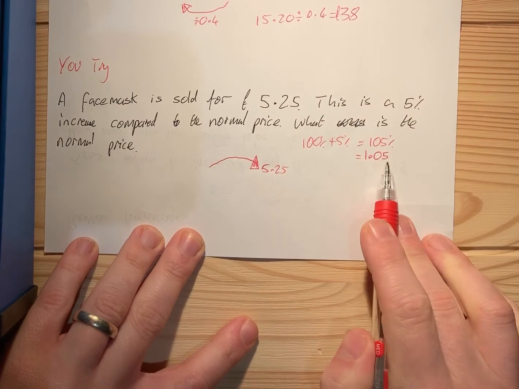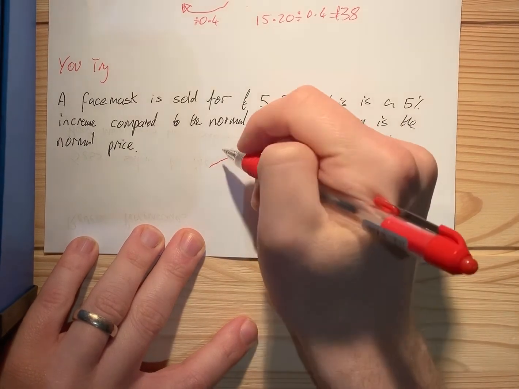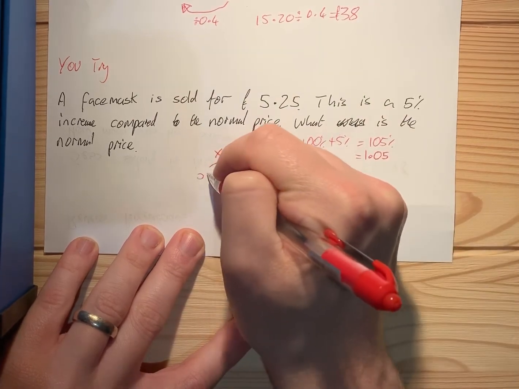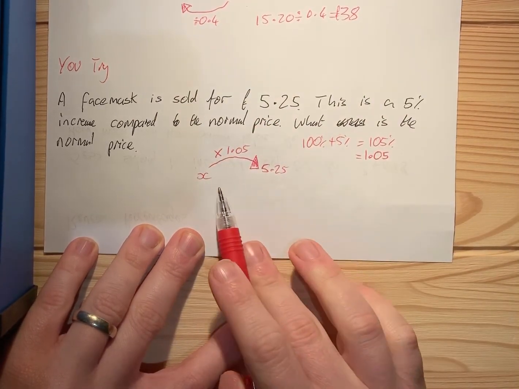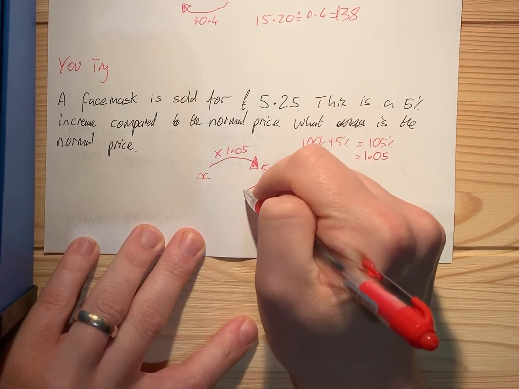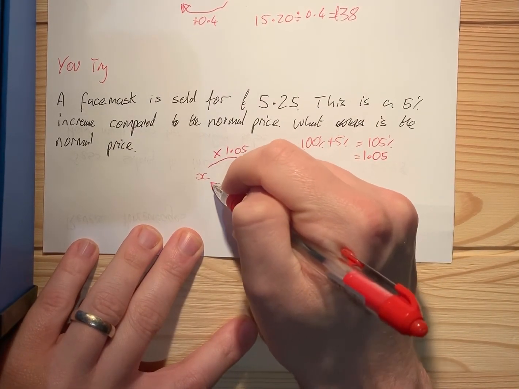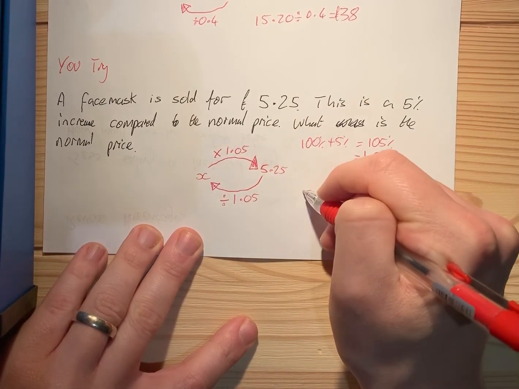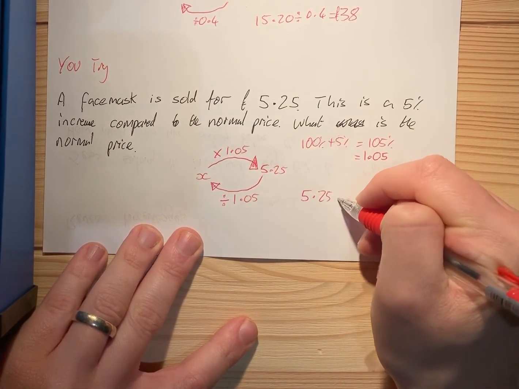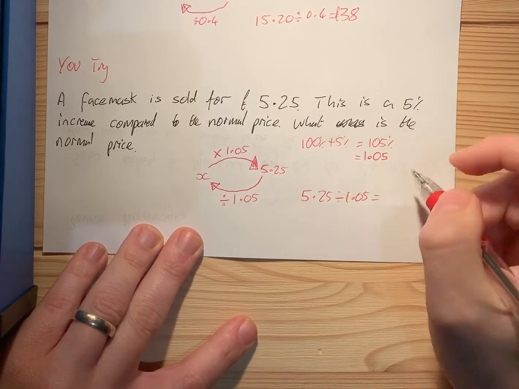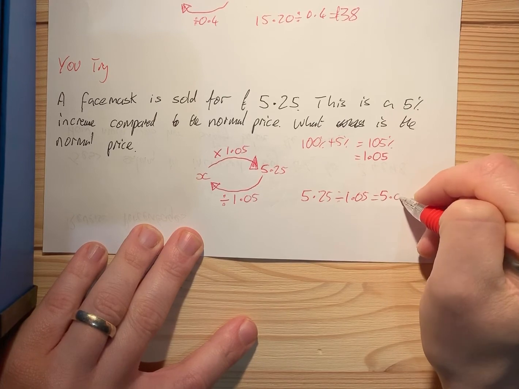Not 1.5, 1.05. Times 1.05. So we had an amount. We multiplied it by 1.05. It gave me £5.25. So I need to go the other way. We know by now that's going to be divided by 1.05. £5.25 divided by 1.05, and that gives me 5.